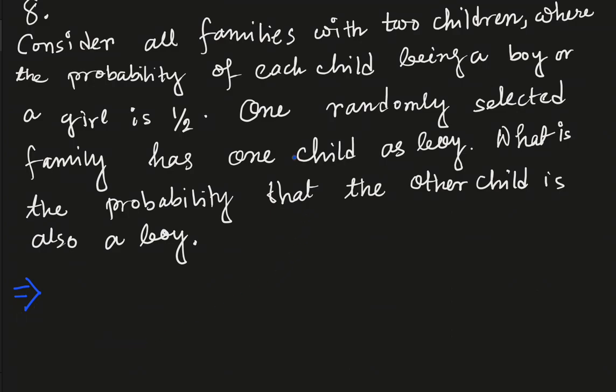I mistakenly thought that the probability should be half, because there are two children, and in the first statement, all families with two children, the probability of each child being a boy or a girl is half, right?